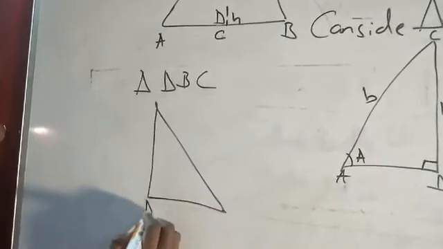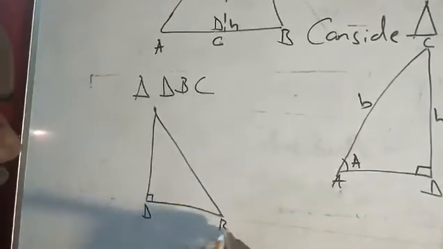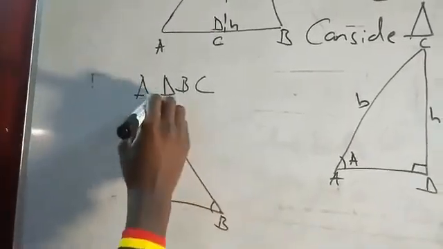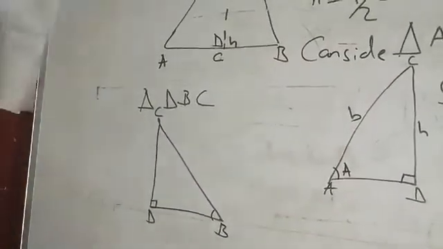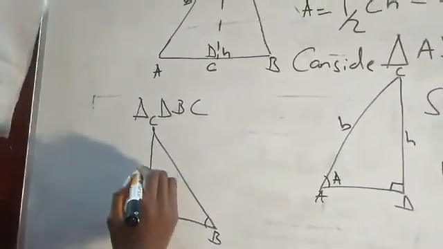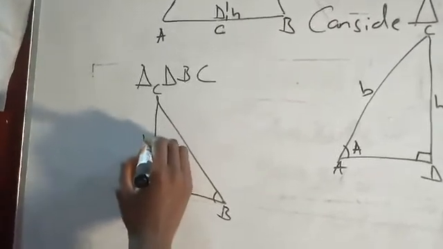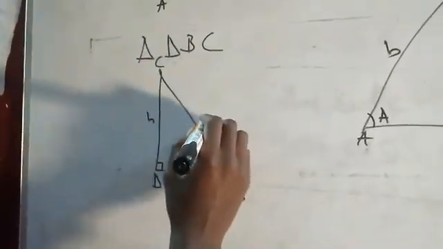This part is D, this one is B, and this one is C. Also here we have H, and this is A.